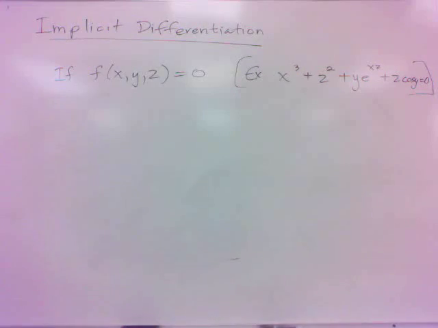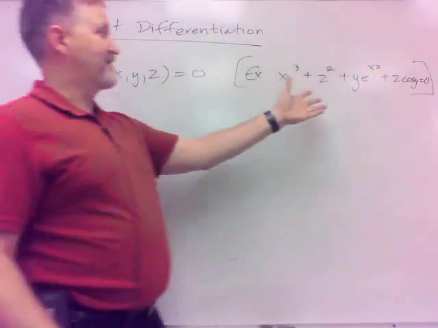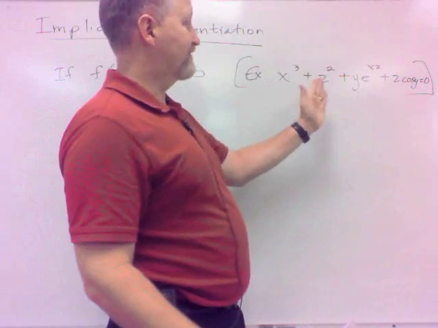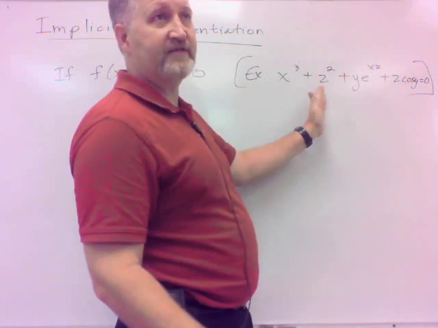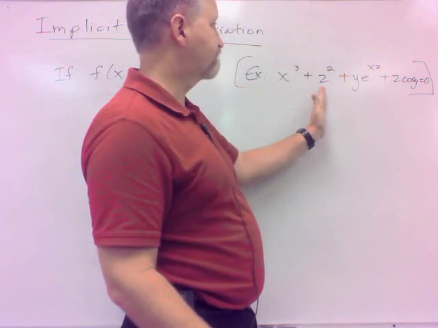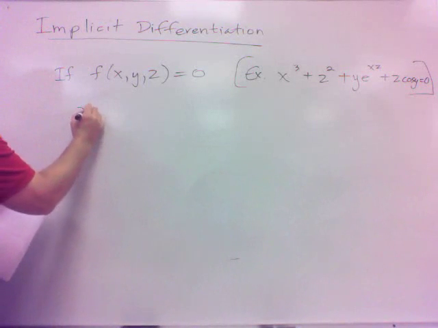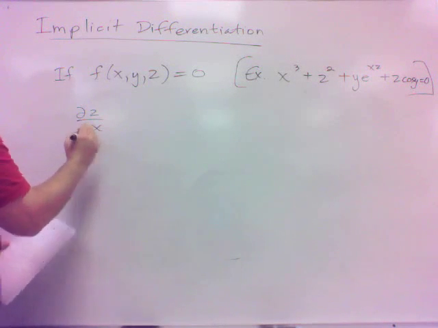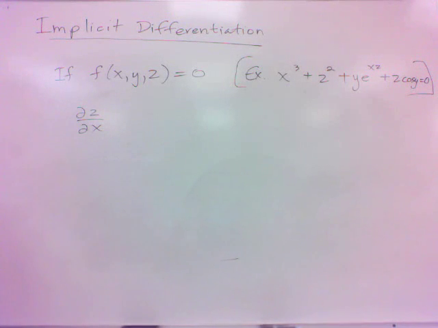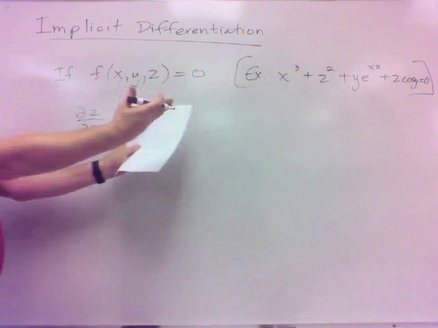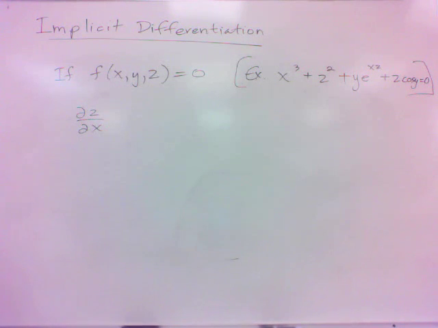Okay. So you've got this long monstrosity, and it's not going to be easy to get z solved for, right? So what if I want to know the partial of z with respect to x? You know, we've done partials, but that's going to be hard to get z equals and to get it the way we've done it.